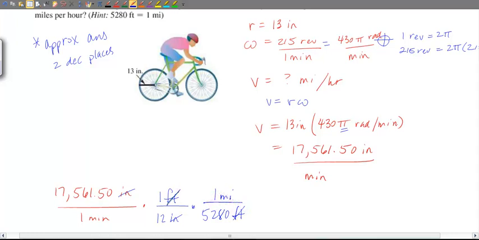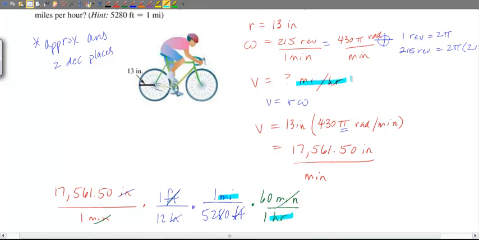Okay, so the next thing I'm going to convert is minutes into hours. I know that there are 60 minutes in 1 hour. So minutes is gone over here. I'm going to check to make sure I've done this right. I'm left in miles per hour, which is what I needed.